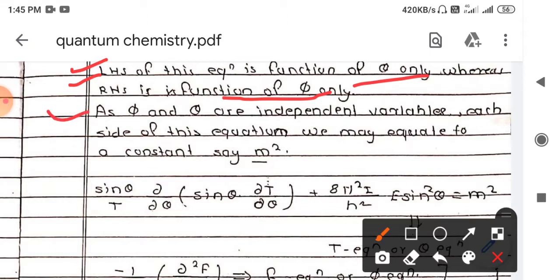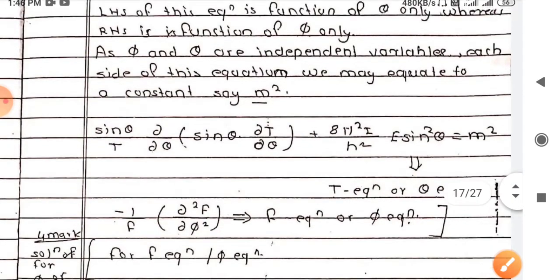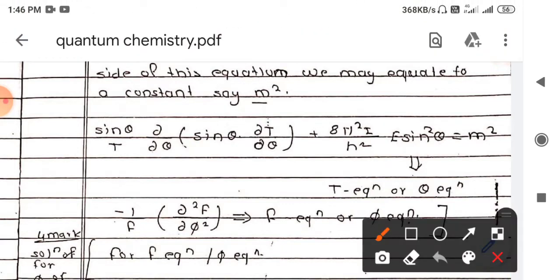As theta and phi are independent variables, we can equate each side to a certain constant value. Suppose this has been equated to some constant value m square. Why we have taken this m, we will come across when we obtain those values.